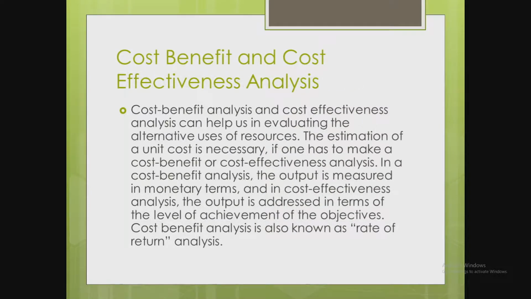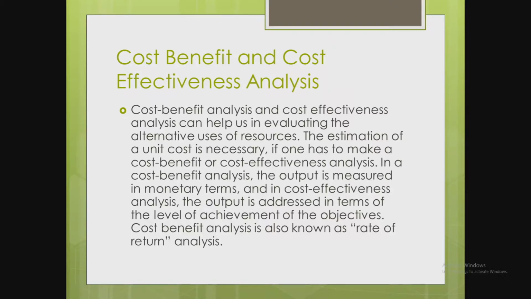Cost benefit and cost effectiveness analysis. Cost benefit analysis and cost effectiveness analysis can help us in evaluating an alternative use of resources. The estimation of a unit cost is necessary if one has to make a cost benefit and a cost effectiveness analysis. In a cost benefit analysis, the input is measured in monetary terms. In cost effectiveness analysis, the output is addressed in terms of the level of achievement of the objectives.